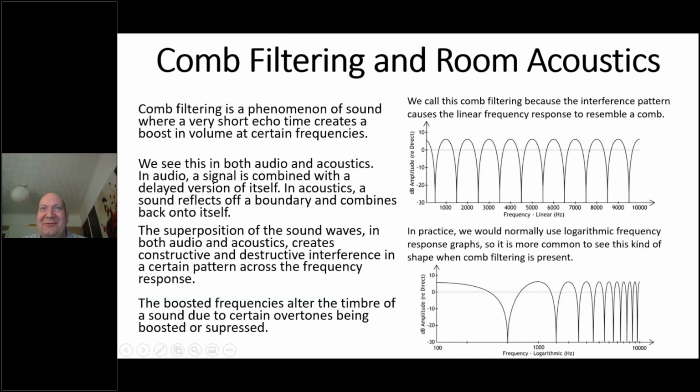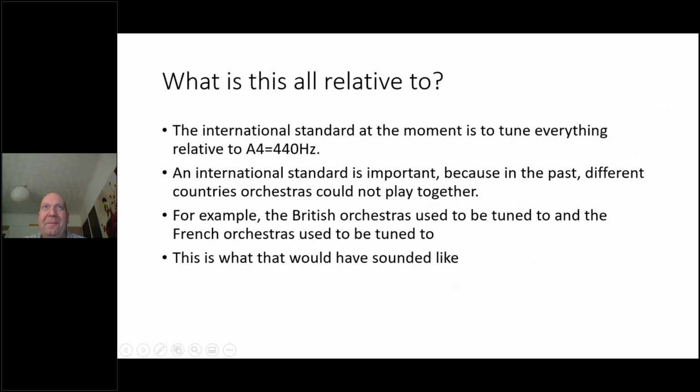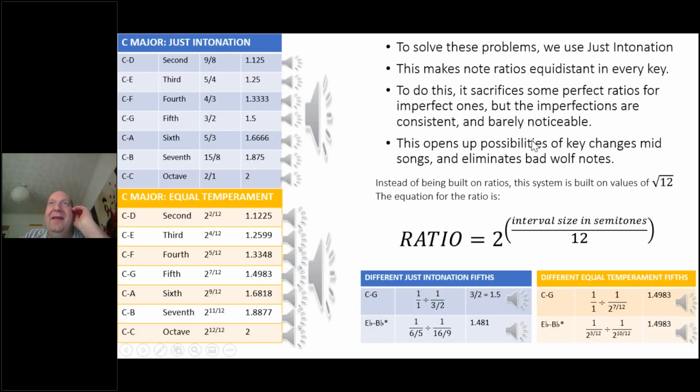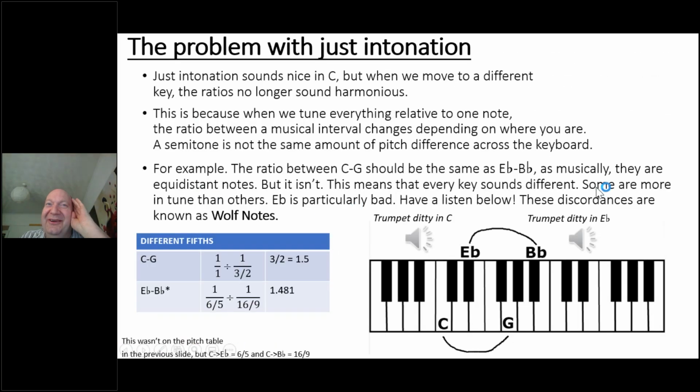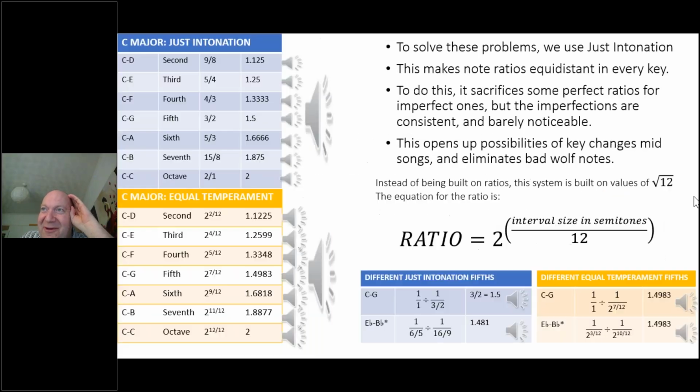So the solution to this was a thing called equal temperament. This is where my students call me a boomer. Okay, so what's happening now is we have a ratio, and the ratio we're using is not these nice little ratios.